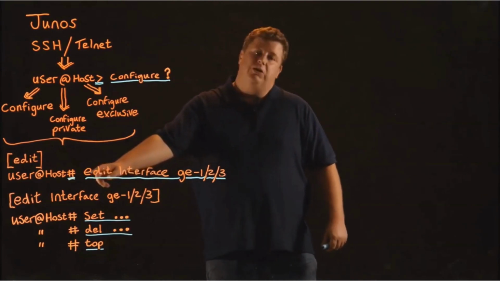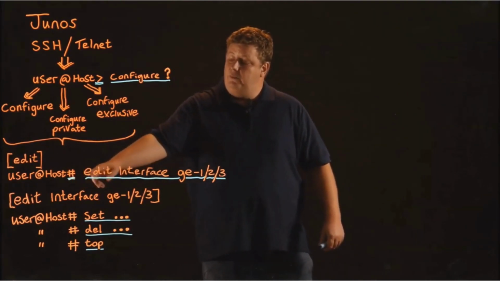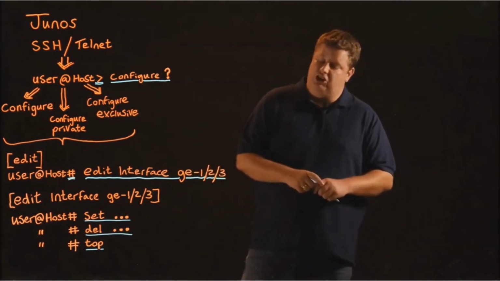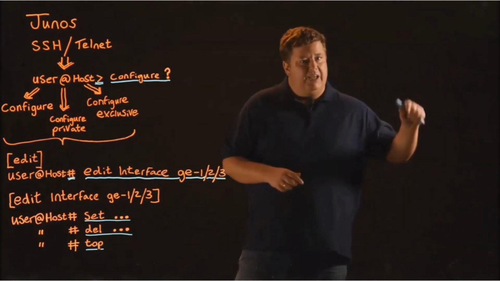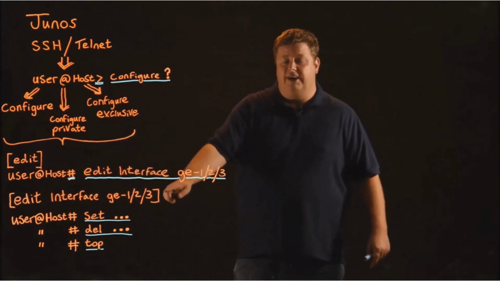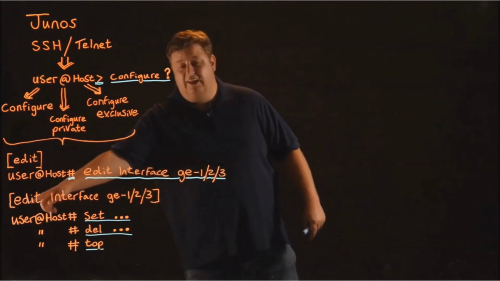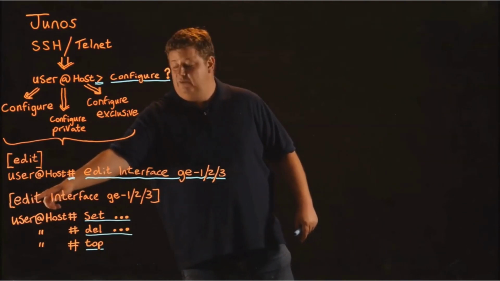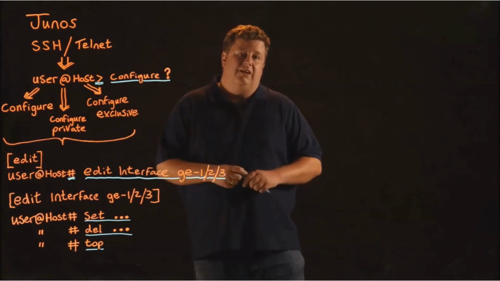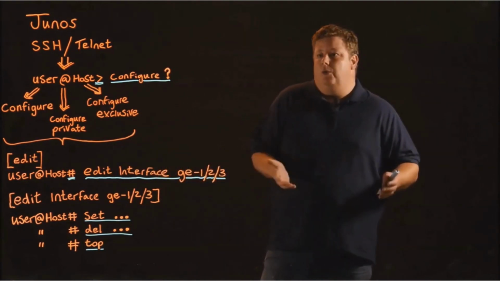Maybe the next thing we do is enter something like edit interface X, here ge-1/2/3, and when we hit enter, we're going to see that the banner above our prompt is refreshed and changed. Okay, so now it's reminding me I'm still in edit mode, I'm still changing my candidate config, but this time it's telling me precisely which interface I'm in. Now, if this was iOS, we would know we were in config mode.